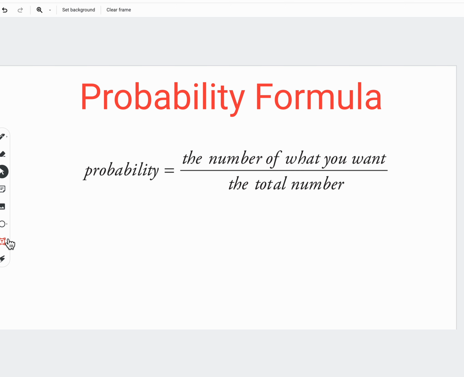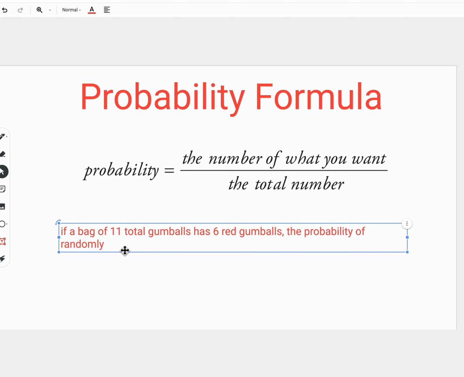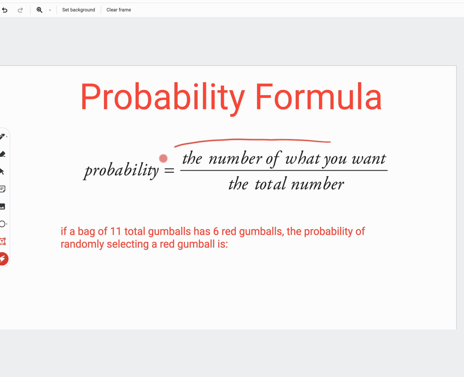Let's take a look at an example. If a bag of 11 total gumballs has 6 red gumballs, then the probability of randomly selecting a red gumball is, here we can look at our number of what we want.